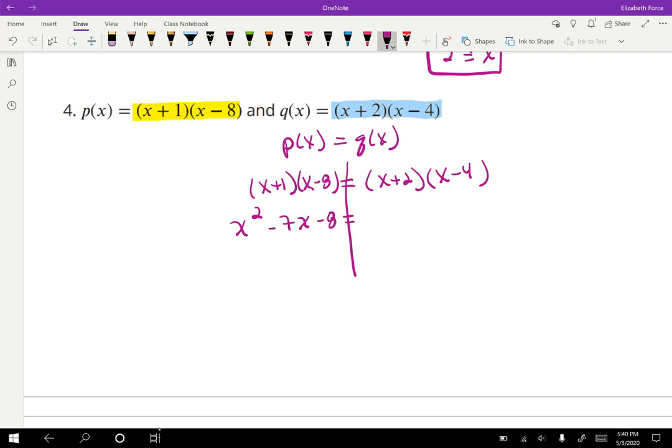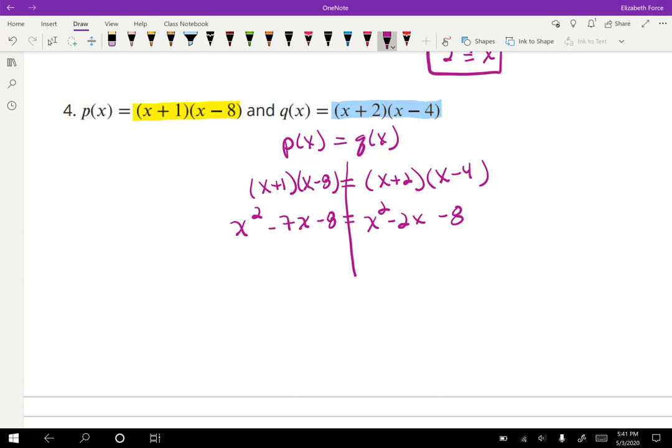So when I multiply that out, this is my final polynomial. And then if I do the box method or distribution on the right side, it should end up as your final answer to be x squared minus 2x minus 8.